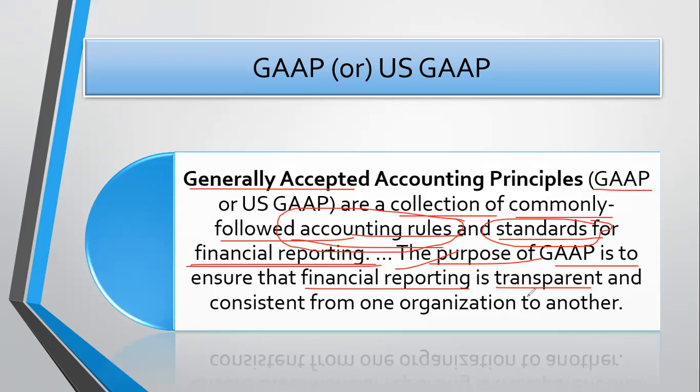This also facilitates comparison. When companies prepare the financial statements based on generally accepted accounting principles, it helps similar business organizations to compare one financial statement with the financial statement of another organization. So overall, the generally accepted accounting principles are a common set of accounting standards which are ultimately helpful for financial reporting or financial statement preparation.